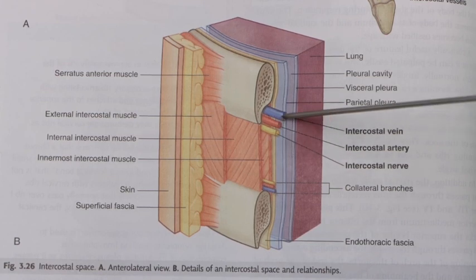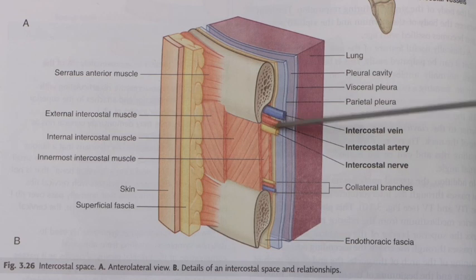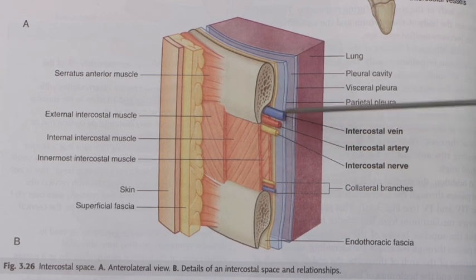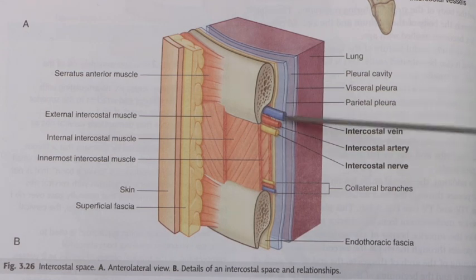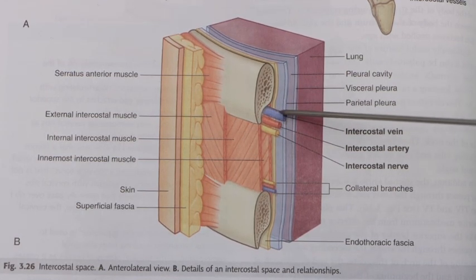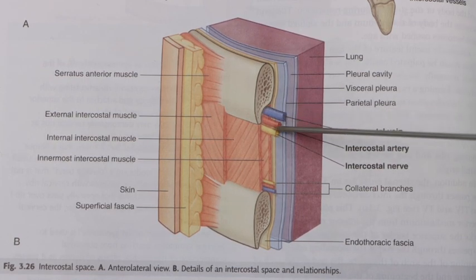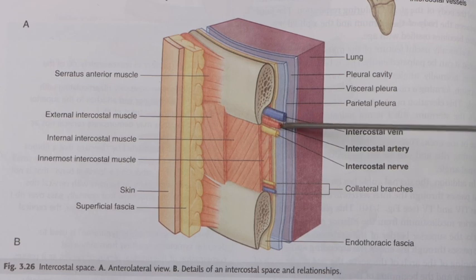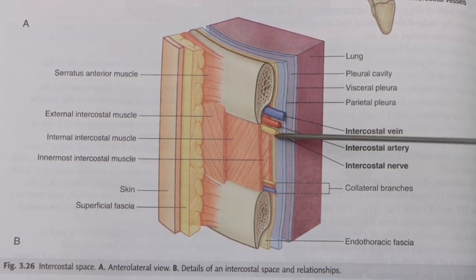This neurovascular bundle, which is the vein, artery, and nerve, passes through this costal groove. And as you see, the sequence of these structures is very important. First is the intercostal vein, second is the intercostal artery in the middle, and the most lower part is the intercostal nerve.